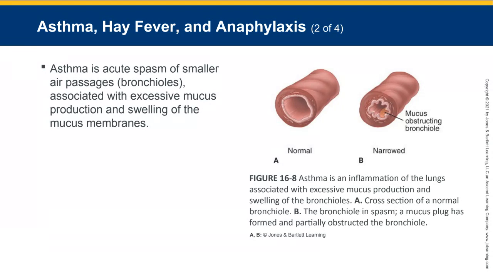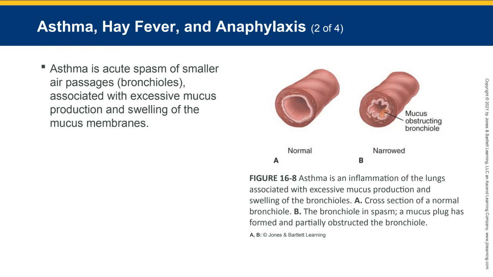In the initial phase, the patient starts to have spasms. It's an immune response, so they start to have spasm in the air passage. That's the first thing, bronchoconstriction. Then, because of irritation, they start to get swelling, or edema, of the air passage. Because of the irritation, mucus starts to be produced.